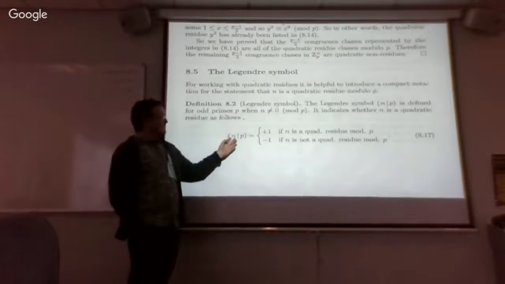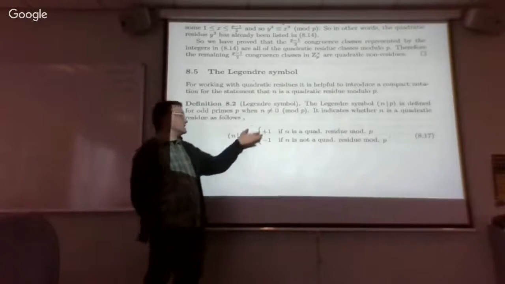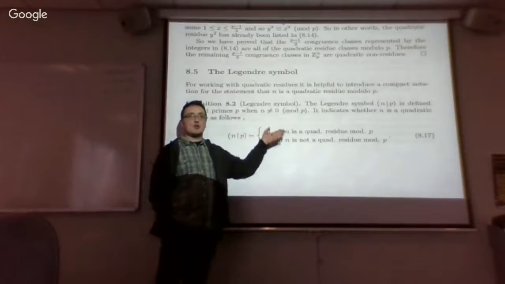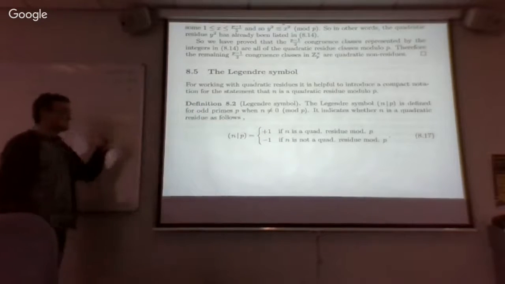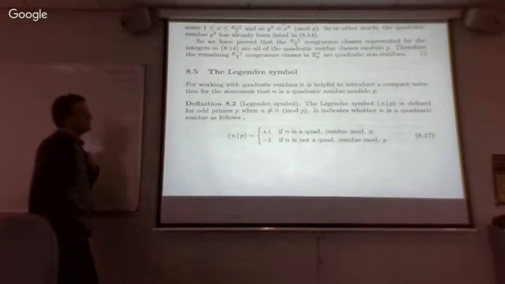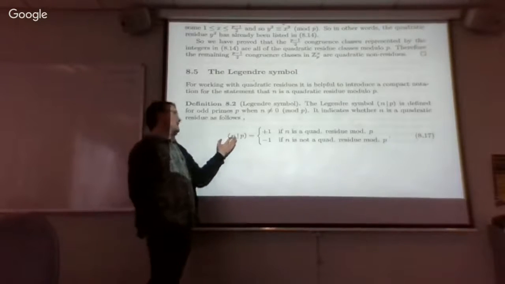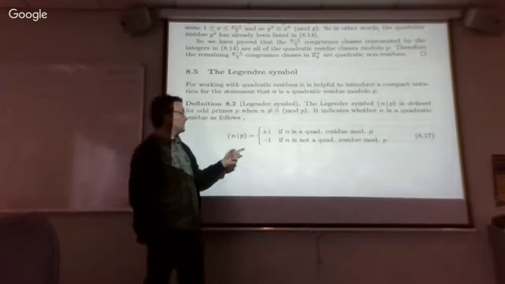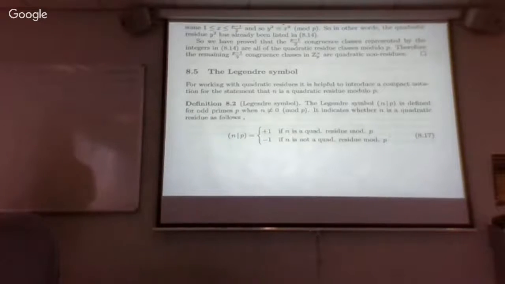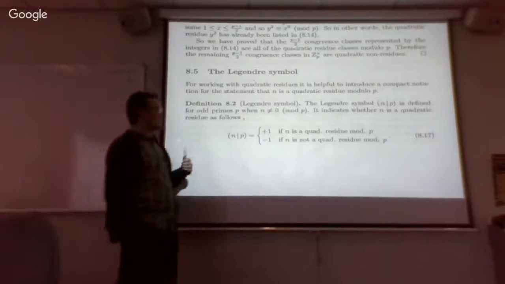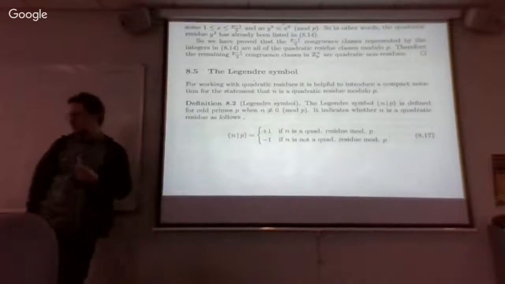And the Legendre symbol (n|p) simply takes the value plus 1 or minus 1 according to whether or not it is a quadratic residue. So it's just a compact little piece of notation. We can write the Legendre symbol (n|p) equals plus 1, which indicates it's a quadratic residue, and if we write (n|p) equals minus 1, that indicates it's not a quadratic residue.